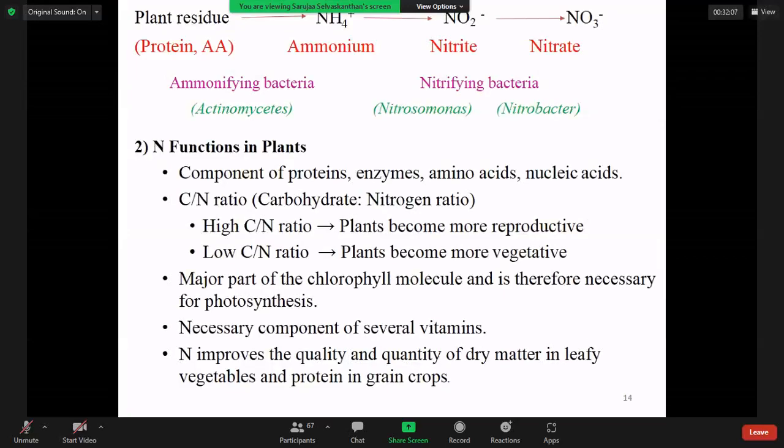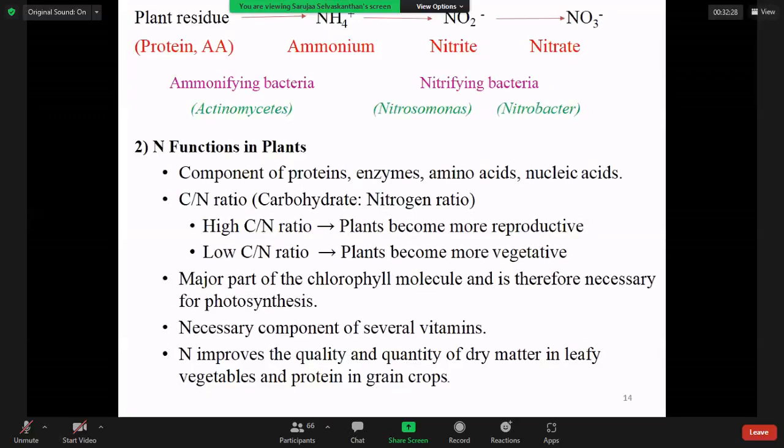Okay, nitrogen functions in plants. Can anyone tell what the function of nitrogen in the plant is without seeing this slide? What is the function?